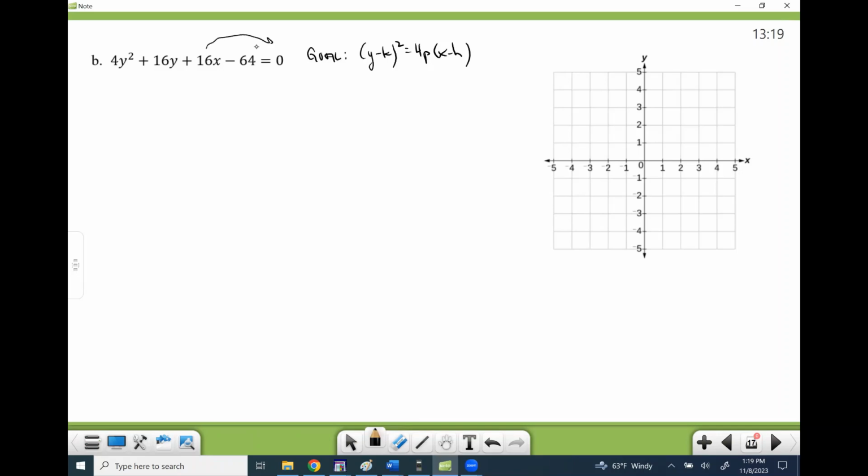We're going to move them to the other side, changing their signs. Now you can never complete the square with the leading coefficient. So this 4 is going to have to go. So we can factor it out in this particular case pretty nicely.